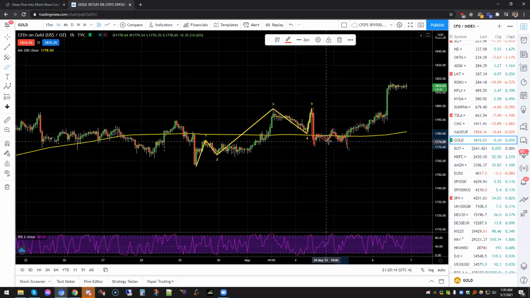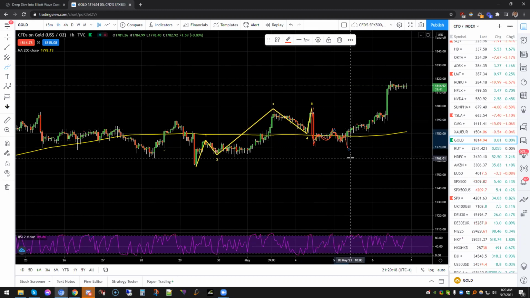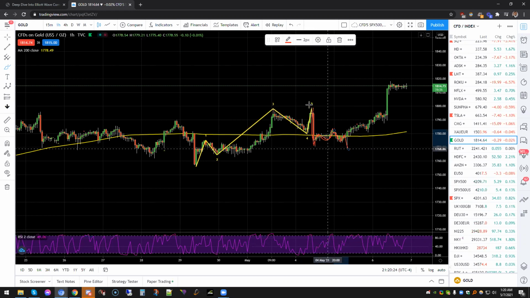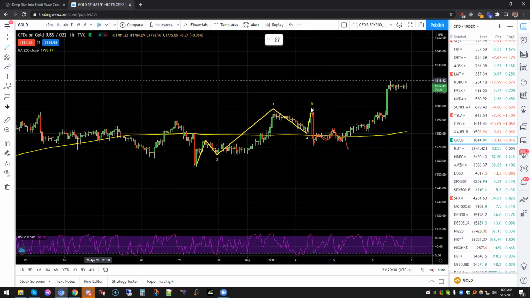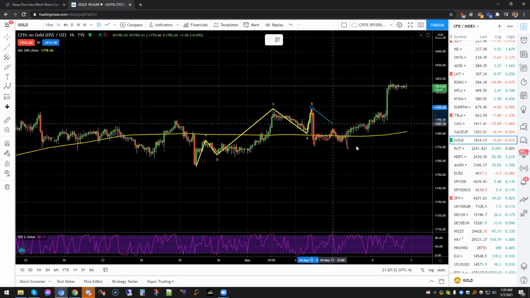So this is potentially a 3-wave move to the downside. The market makers just evolved the pattern, right?